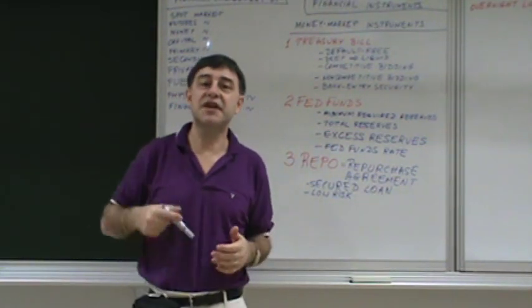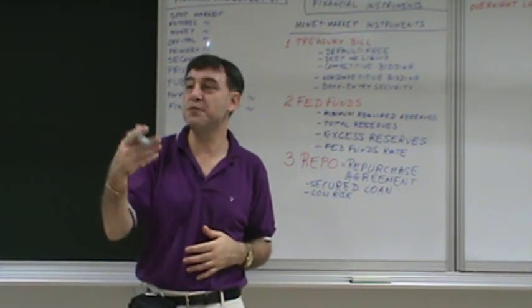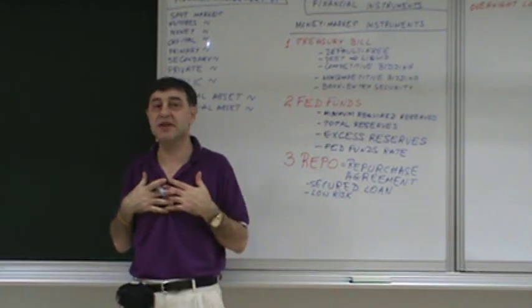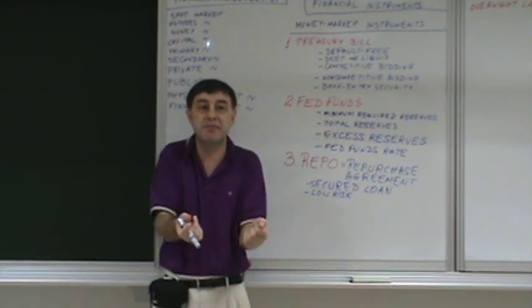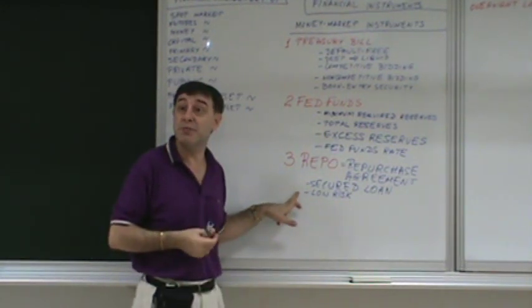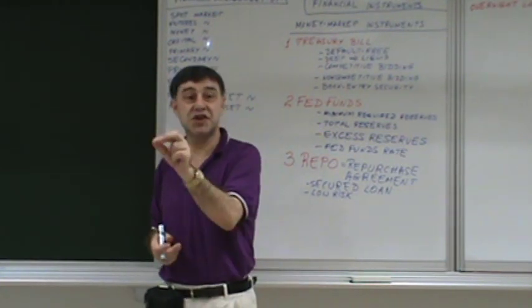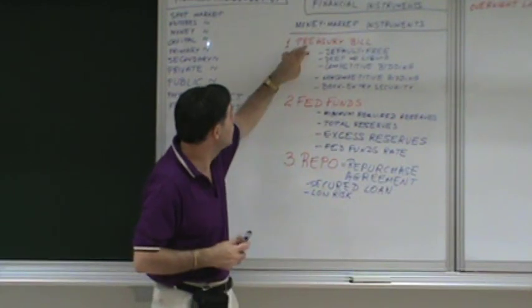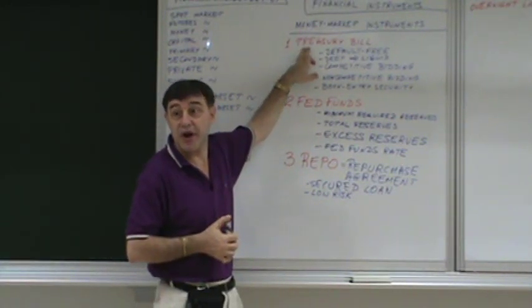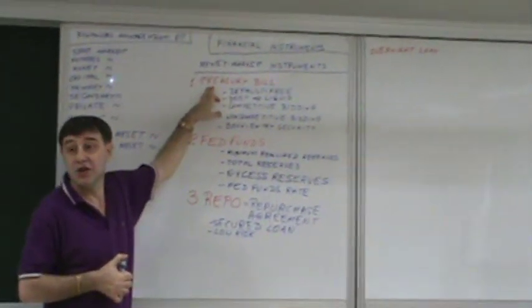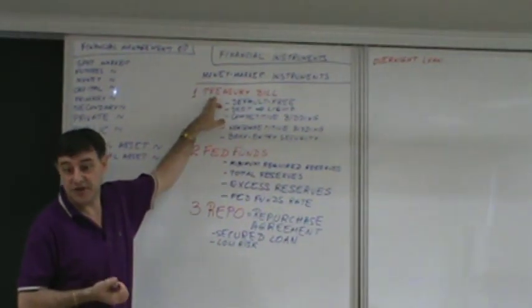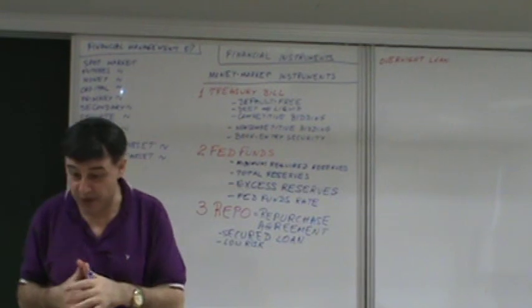If he doesn't have the money and can't pay you back, you just keep the security. You just keep the government bond. So usually a repo will work with a very low risk security itself, usually a Treasury bill or other very highly rated, low risk instruments.